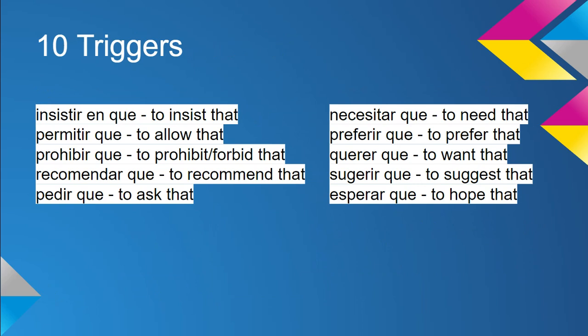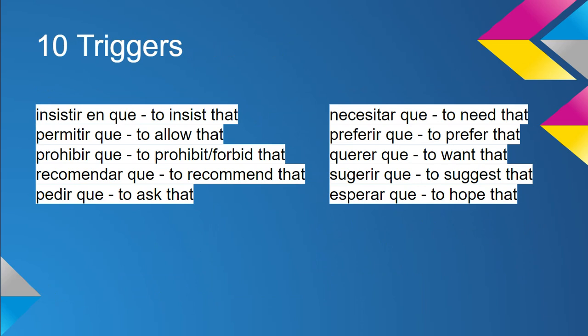Permitir que, to allow that. The other thing to remember is they don't always translate very well to English, but it's how you would say it in Spanish. In English, I would just say the BMV doesn't allow drivers to drive with expired tags or something.